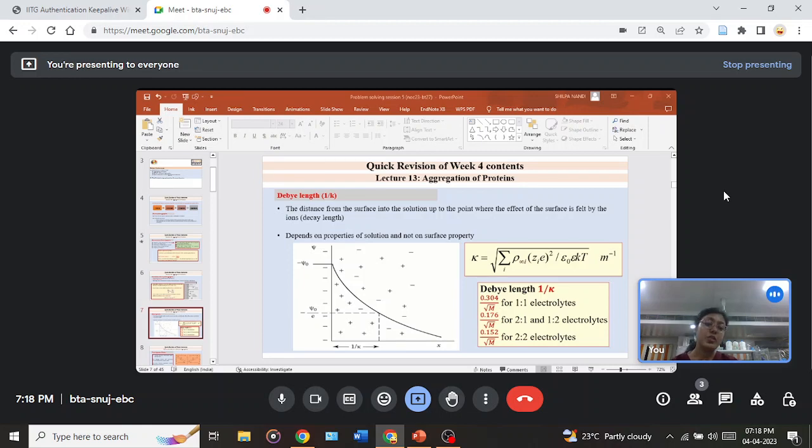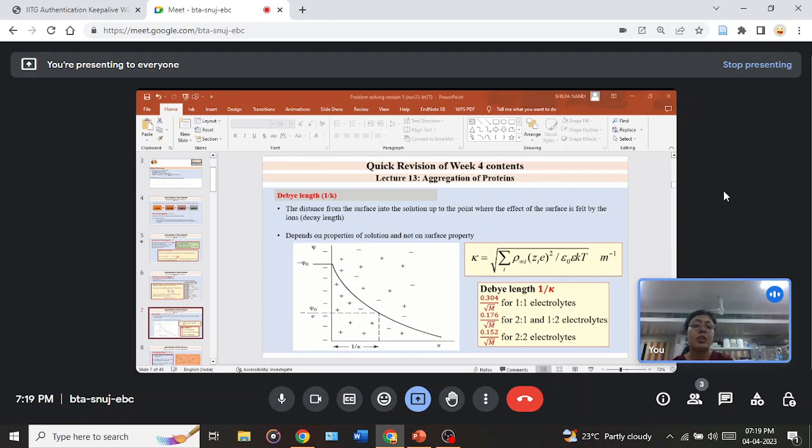Don't confuse K and 1 by K. The Debye length depends on the properties of the solution and not on the surface property. You have to remember this: the Debye length is dependent on the properties of the solution and not on the properties of the surface.